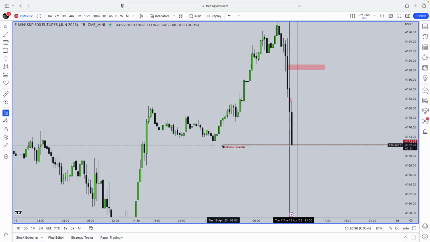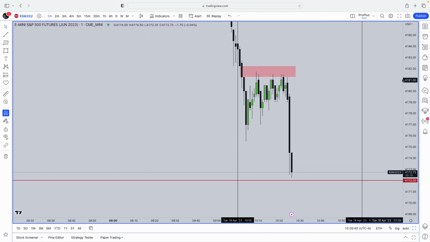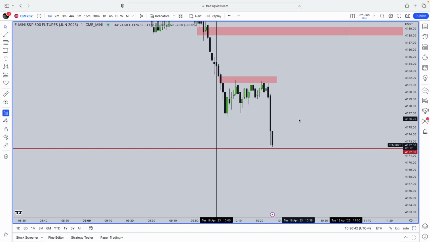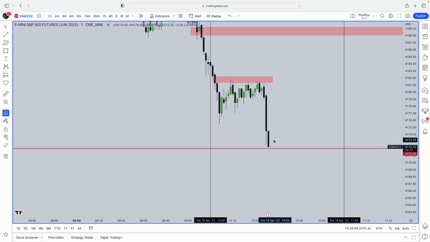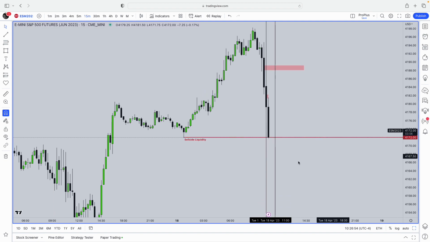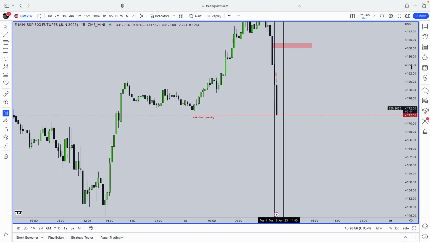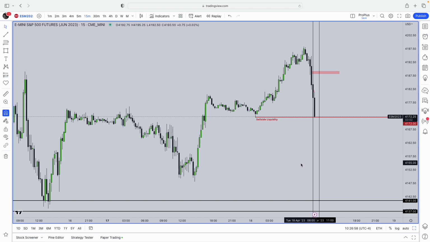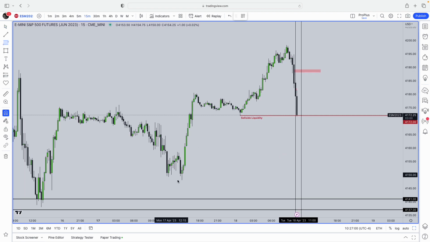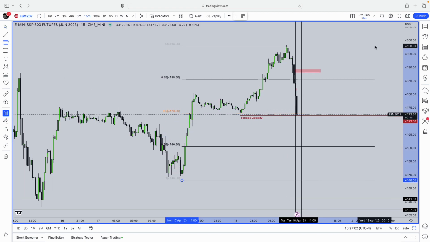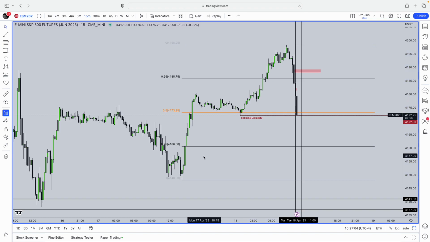Next target would be here, which price looks like it's already going to take. Yep, taken. After that, we could go here to here.